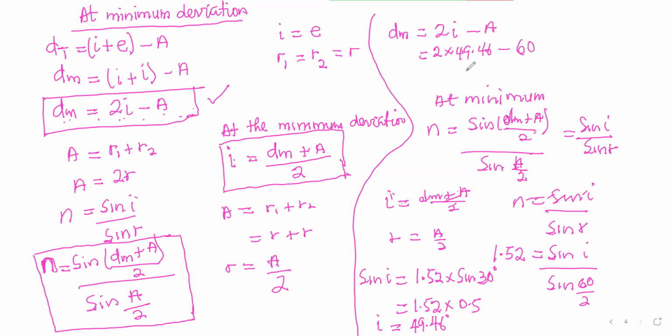Multiply 2 by 49.46 and subtract 60 from it. And you must have 38.92. Check if that's correct.